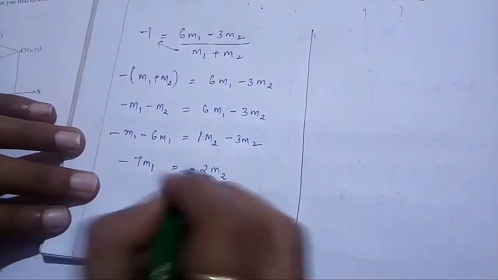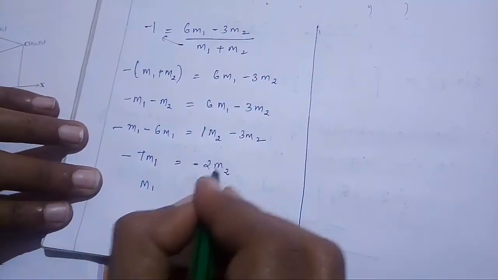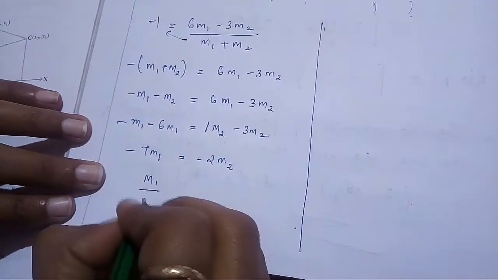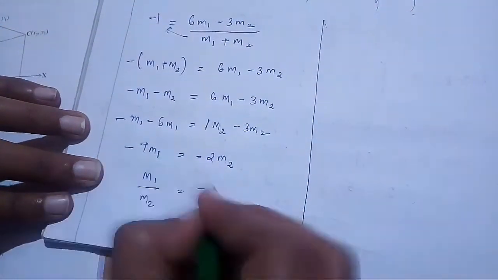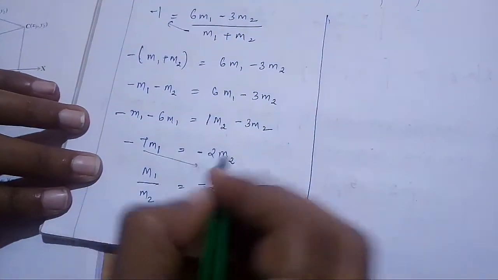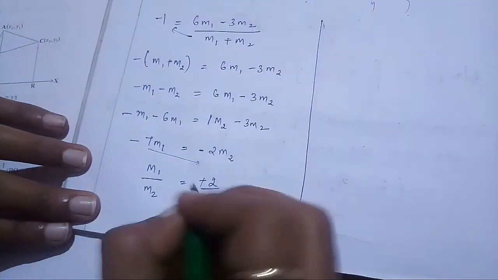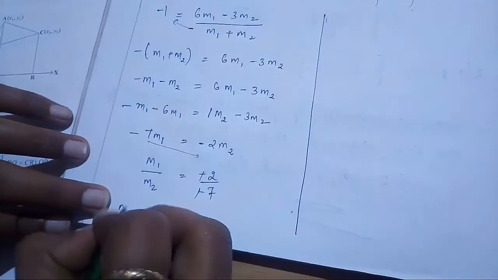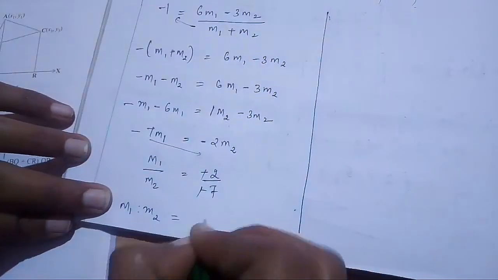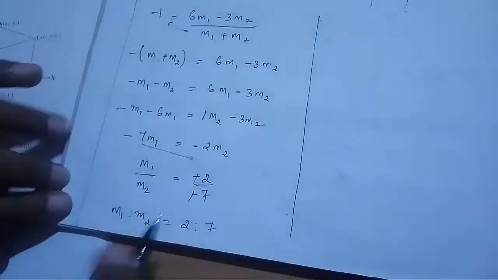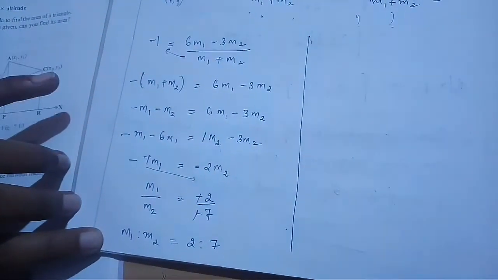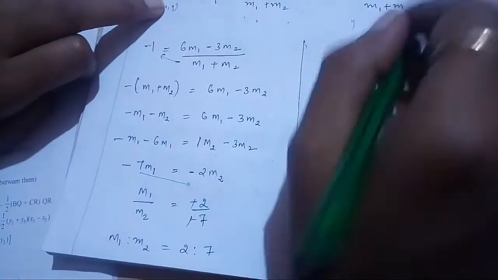Cross multiplication: take m2 to the denominator, -2 as it is, 7 to the denominator, minus minus gets cancelled, that is m1 is to m2 is equal to 2 is to 7. We got this ratio. Let's see what we get here.